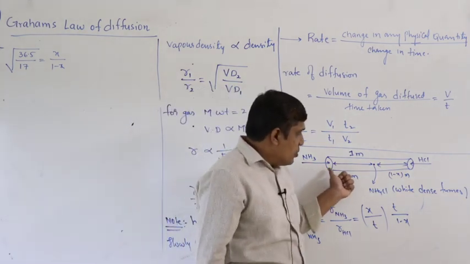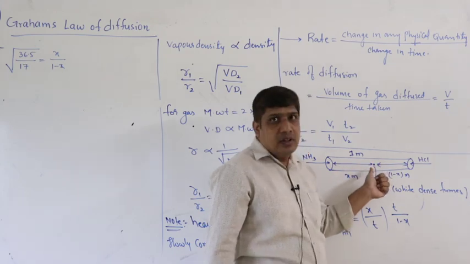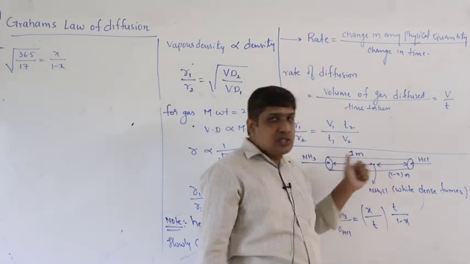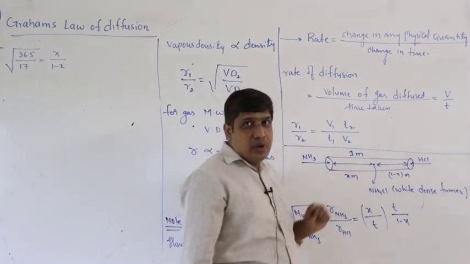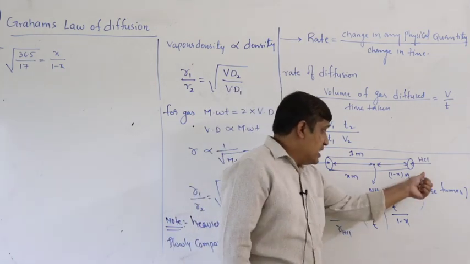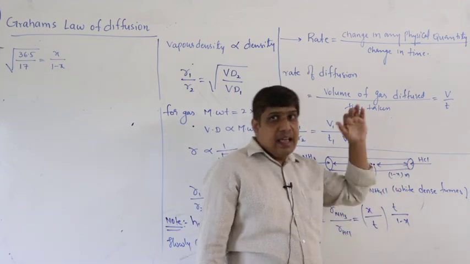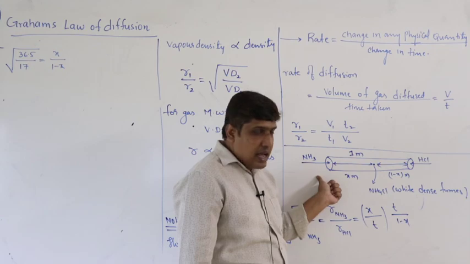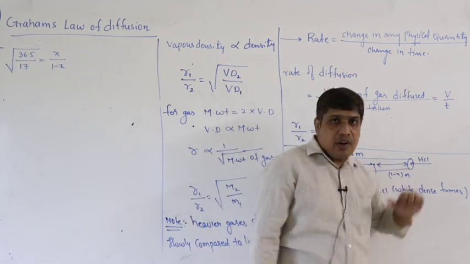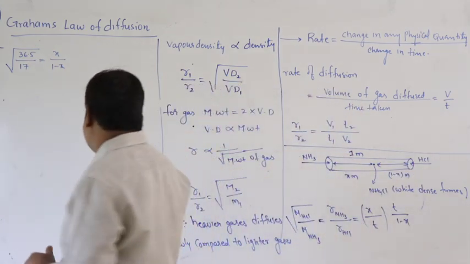The distance which ammonia has to travel. So at what point they meet? X meters from ammonia end or 1 minus x meters from HCl end. That is how you have to report the answer.